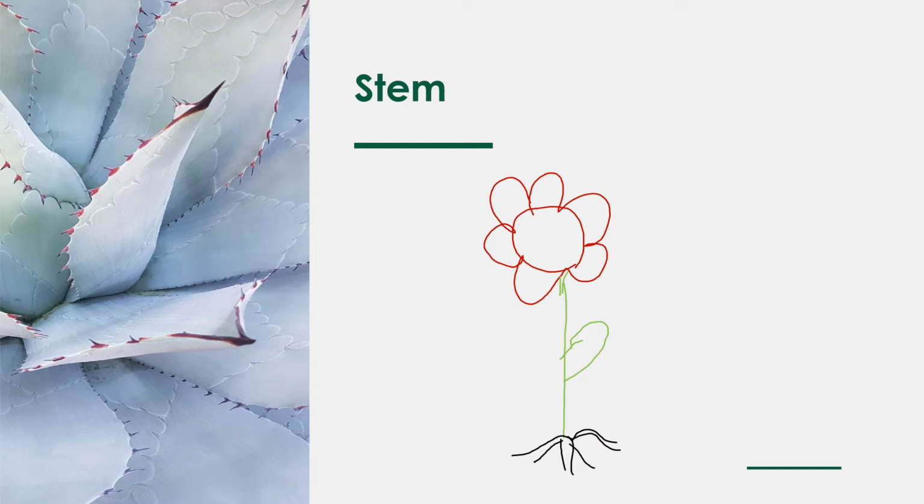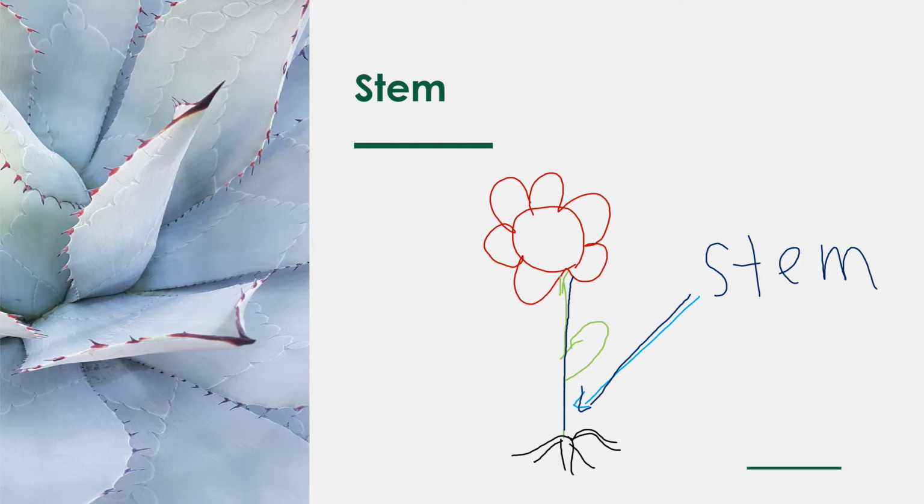Our stem is the one that holds the plant in place. So if you could see this, where I'm drawing in blue, that is called our stem.